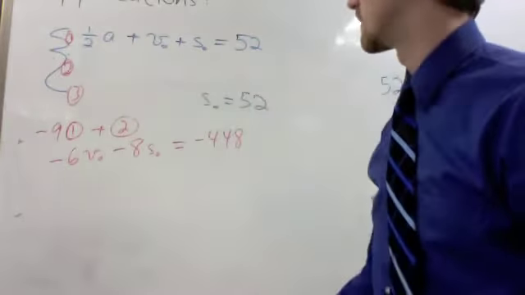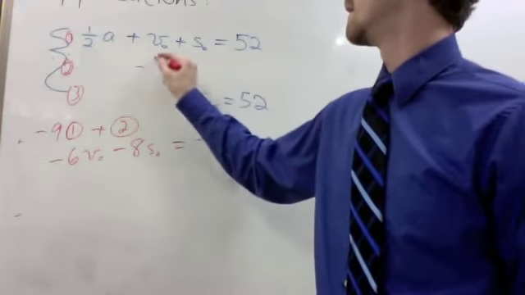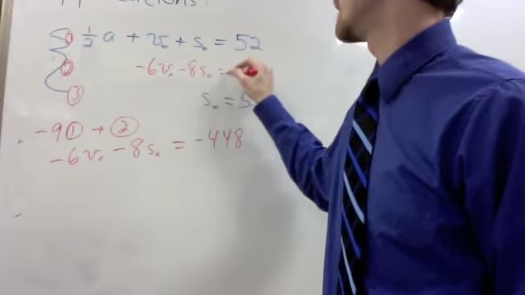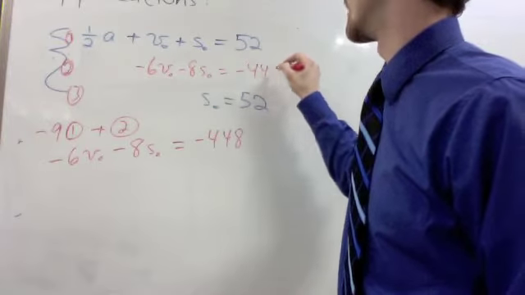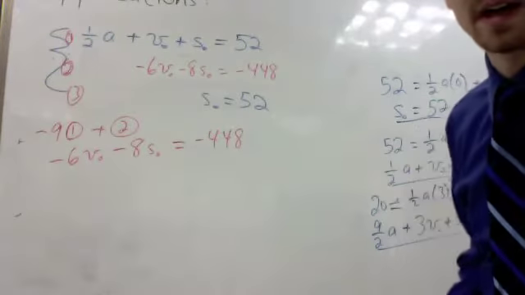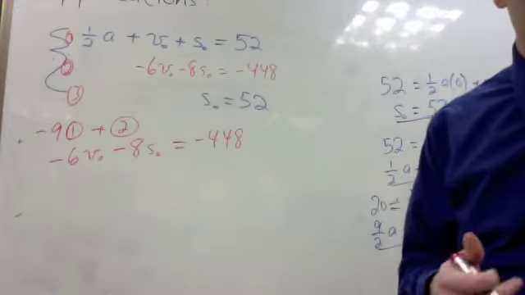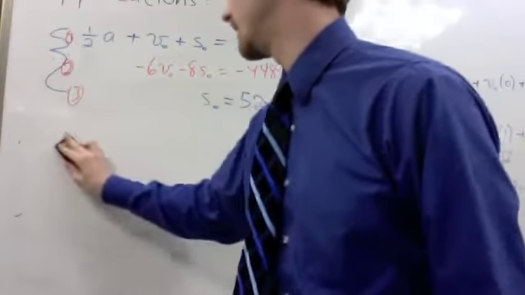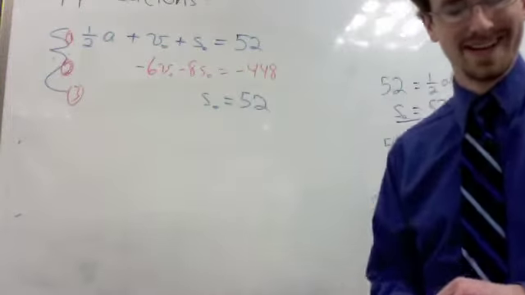So we can replace the equation that we have there: negative 6 v naught minus 8 s naught equals minus 448. And then use back substitution to solve. I'm going to be a smart guy and use my calculator.